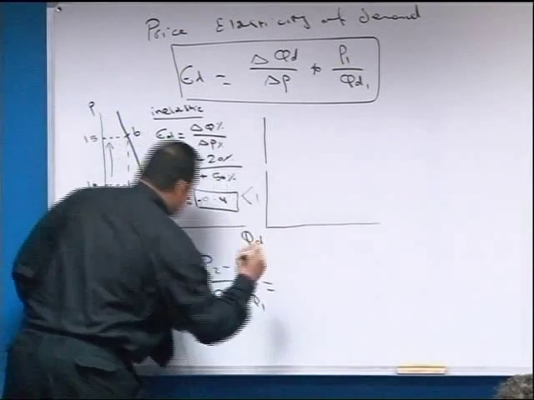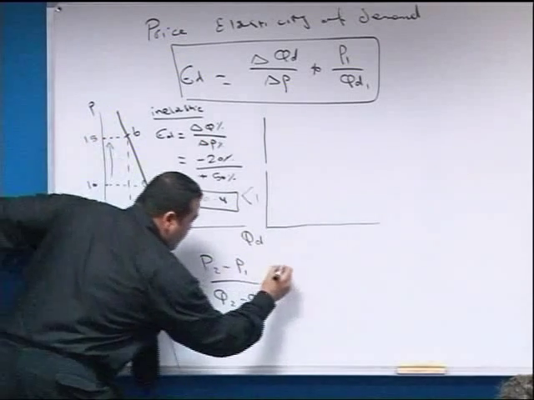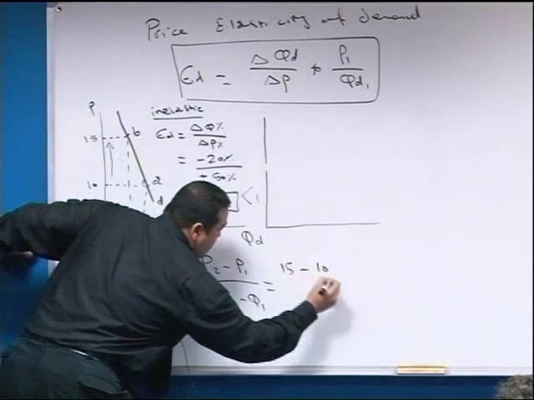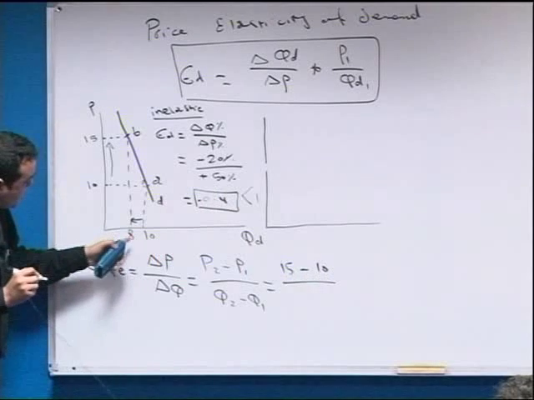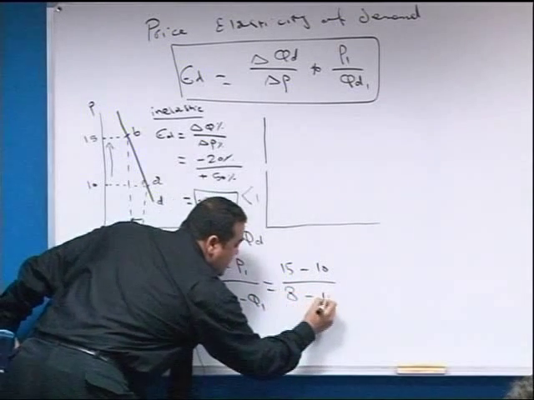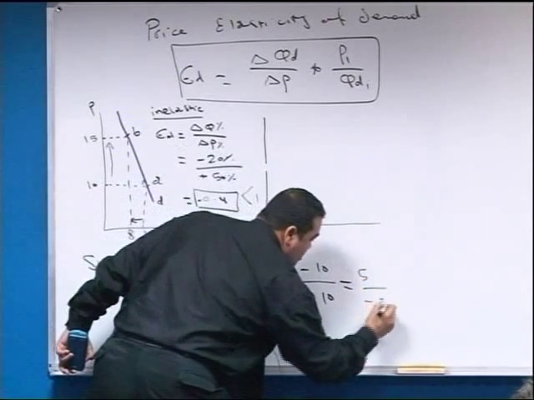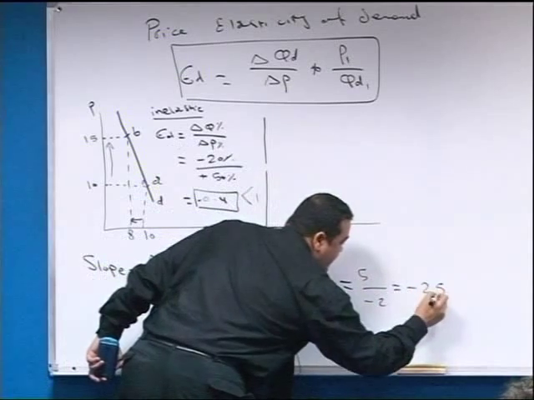So the price 2 is 15 minus 10 over Q2 minus Q1, 8 minus 10, equals 5 over minus 2 equals minus 2.5.